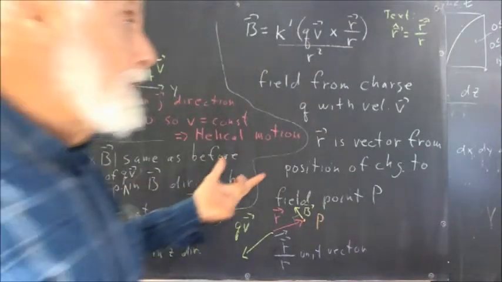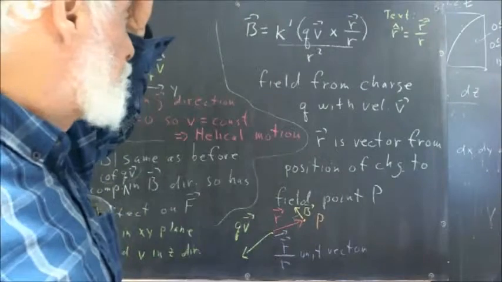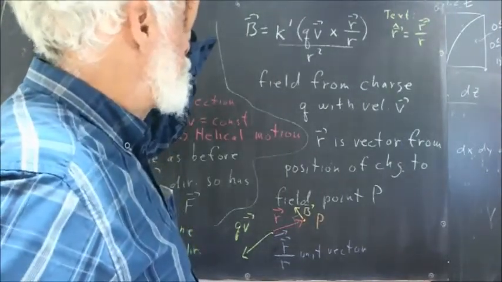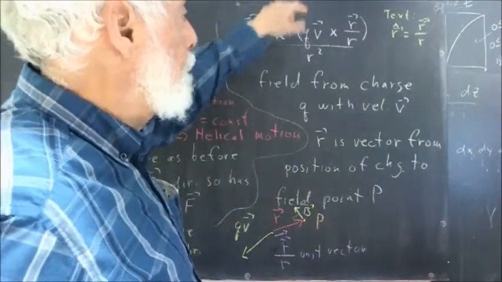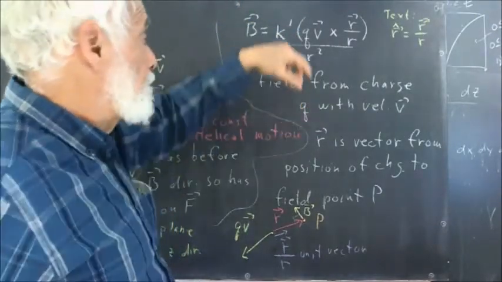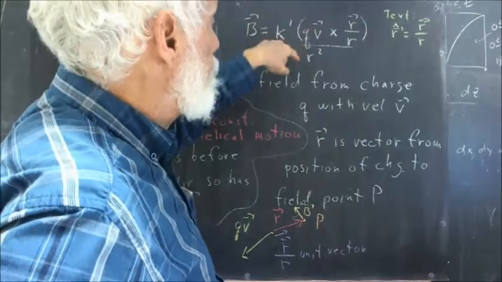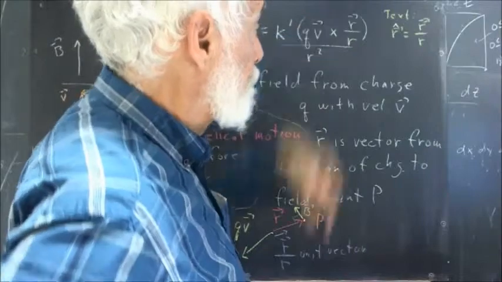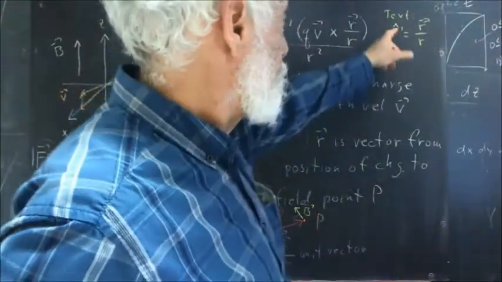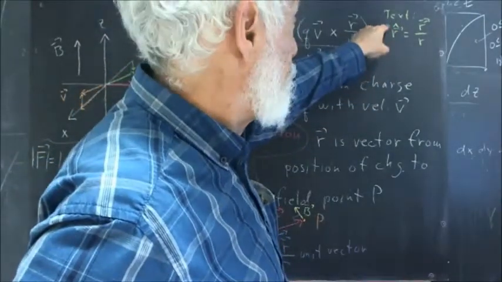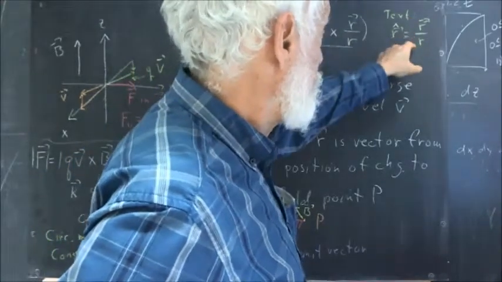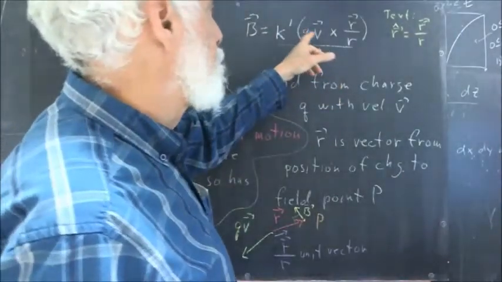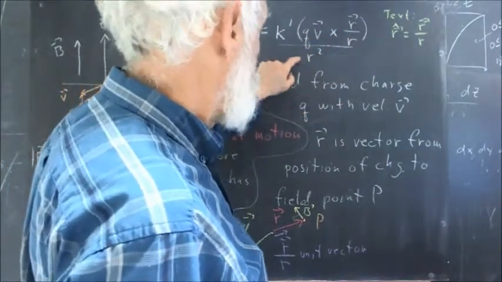Now, this is very much analogous to the electric field of a point charge, where you have K times Q over R squared multiplied by your unit vector, R divided by the magnitude of R. The text actually uses R hat for this unit vector. So your text might write this as QV cross R hat divided by R squared.